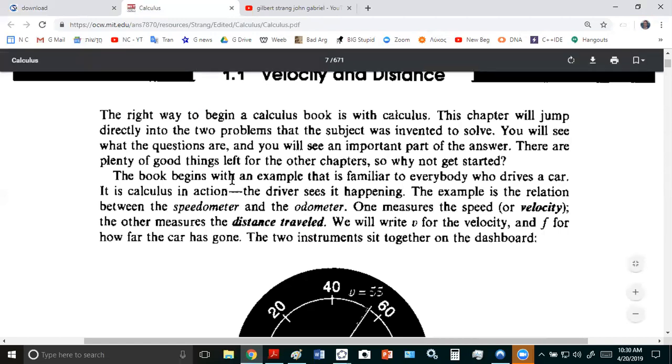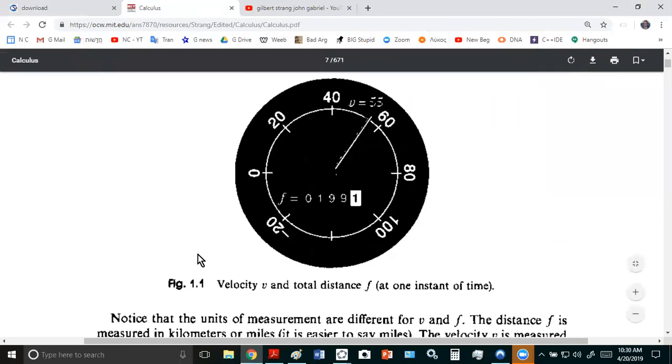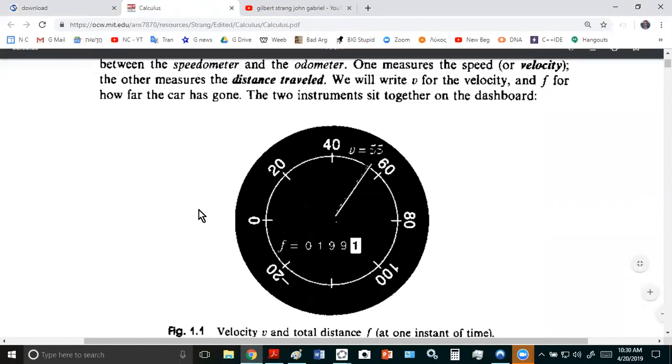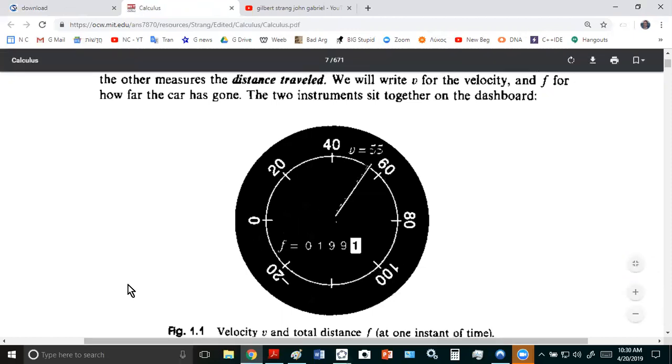This chapter will jump directly into two problems that the subject was invented to solve. Well, he begins with the concept of speed. But what Strang doesn't realize, because he is such an orangutan moron, is that in order to use calculus, you need to have a function.